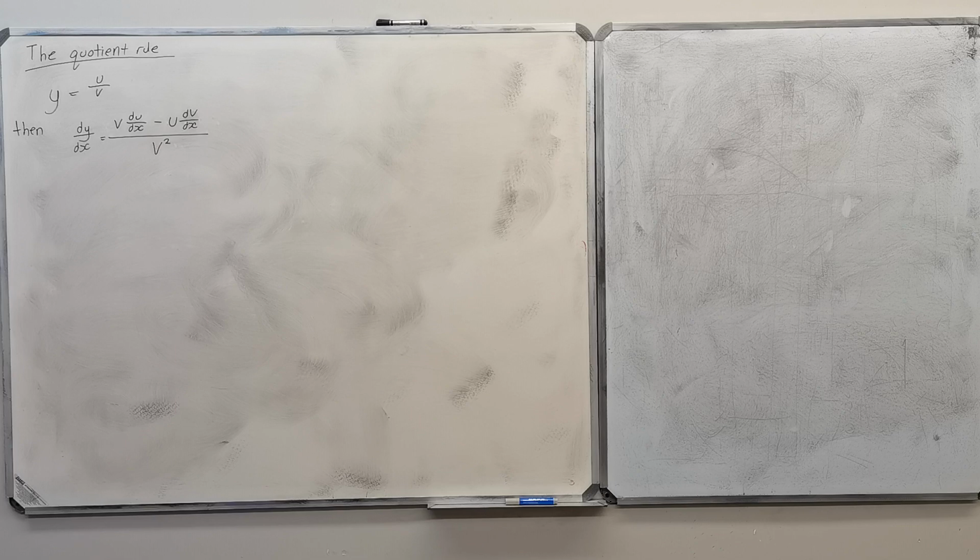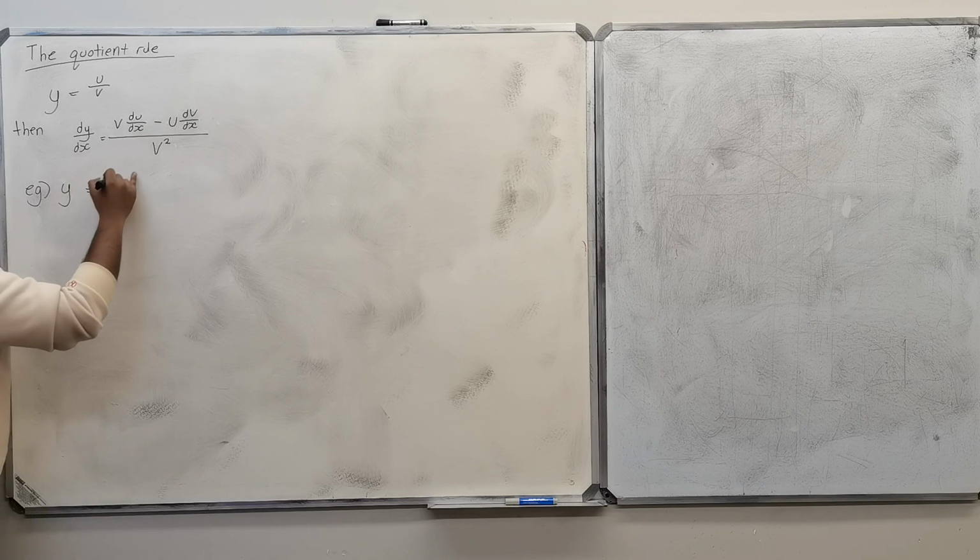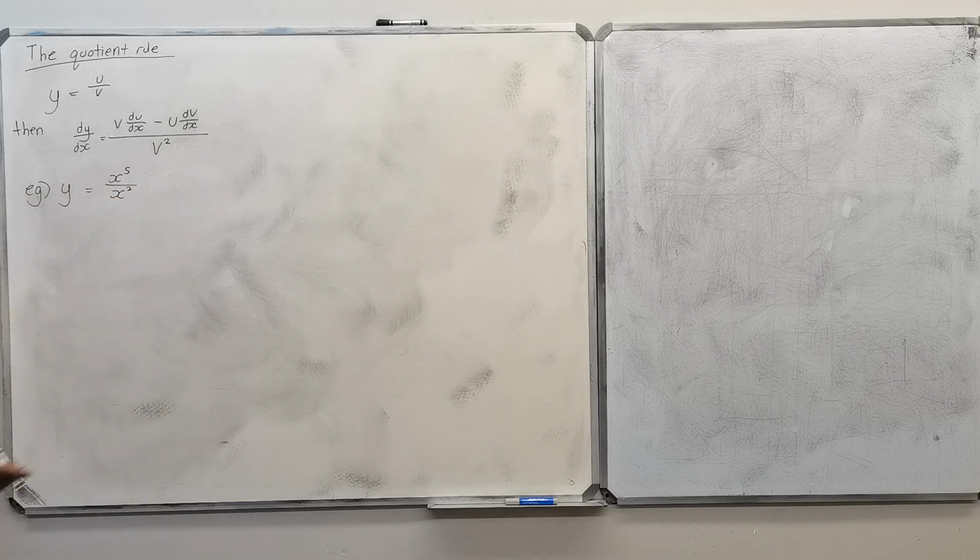So, y is equal to x to the 5 divided by x to the 2, right?